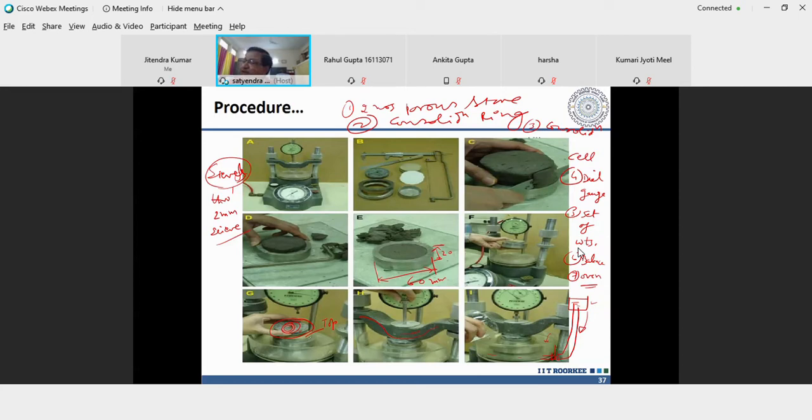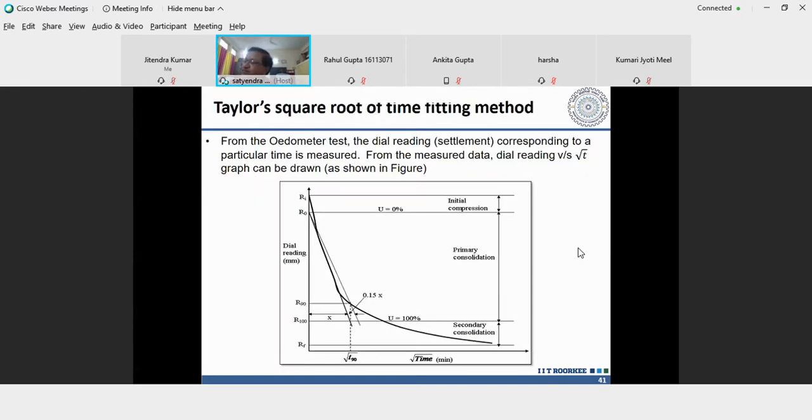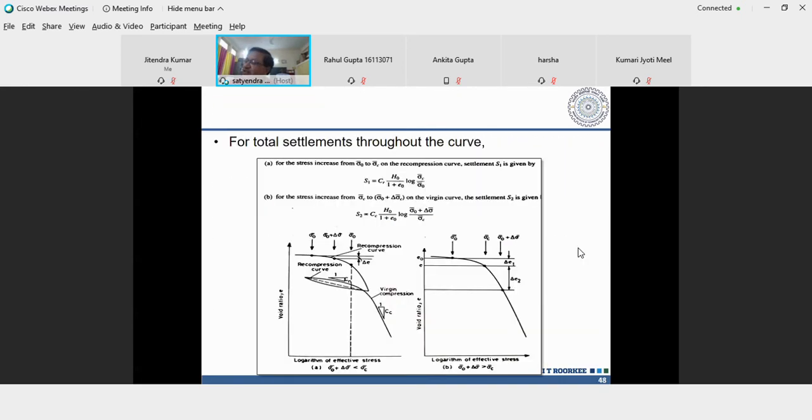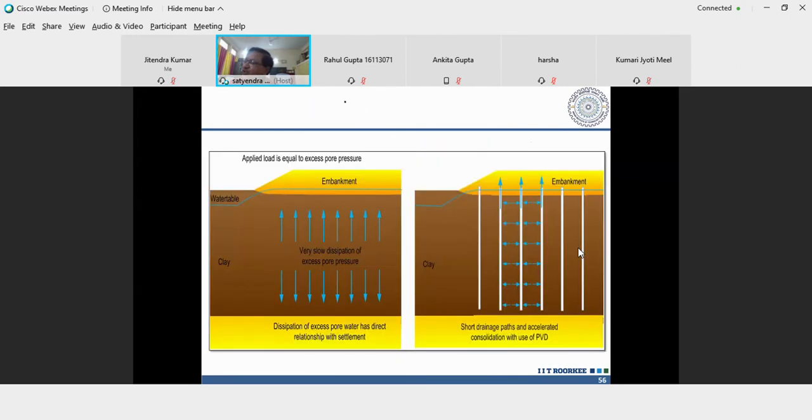We can also adopt a longer time. Let me go to the blank slide so that I can write something and explain the things.